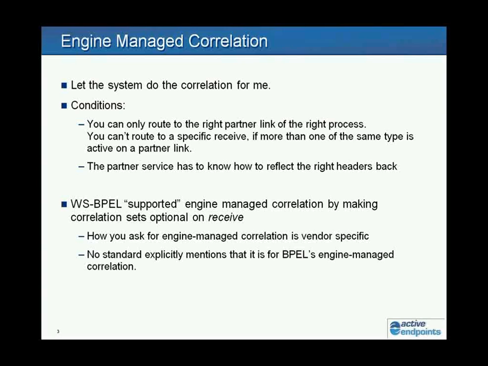And if you use engine-managed correlation, you have a couple of conditions in order to use it. The general correlation can be used for routing not just into a specific process, but to the right receive activity that's waiting for a message.